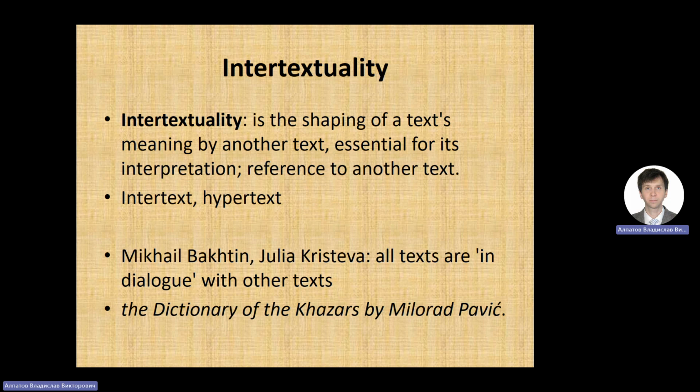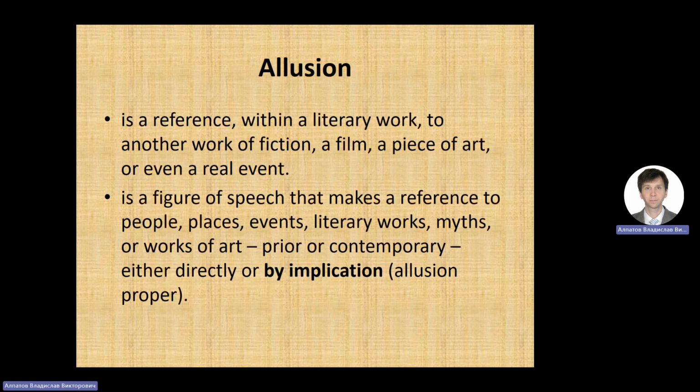You open it and it's a dictionary, but it's a novel because when you read the entries in this dictionary, they start telling you a story, and they have cross-references to some other dictionary entries. You can start reading this novel from any point, from any dictionary entry, even from the end. But then if you follow these cross-references, you will read the whole novel as such. A very interesting example of intertextuality.